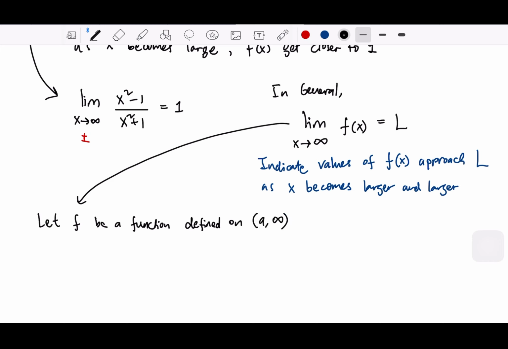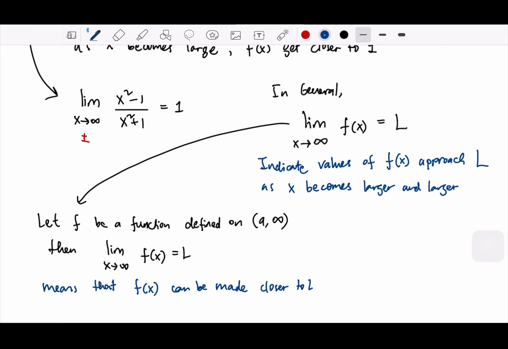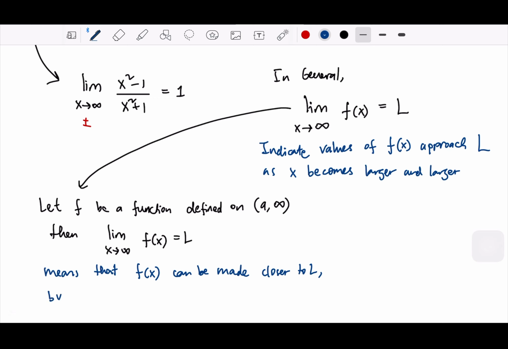Then the limit means that f of x can be made closer to L by requiring x to be sufficiently large.